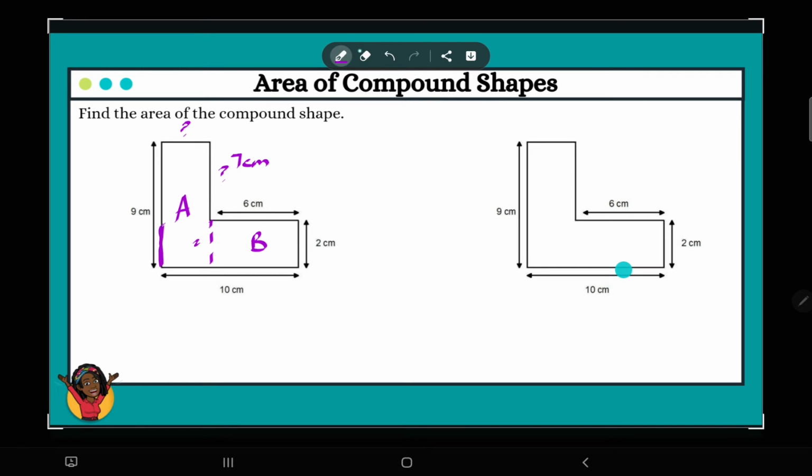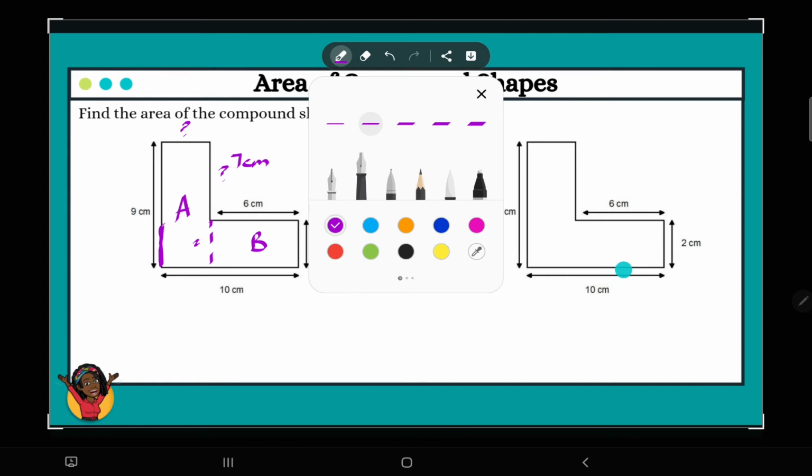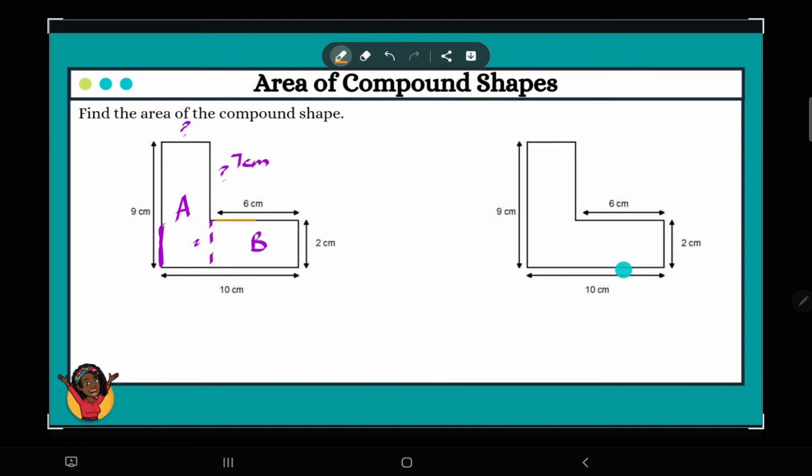Now for the bottom portion, the entire thing is 10. And this piece here is 6. So 10 minus 6 would give me 4. So here I have my dimensions filled in. Now when I look at rectangle A, I'm going to outline rectangle A in green.